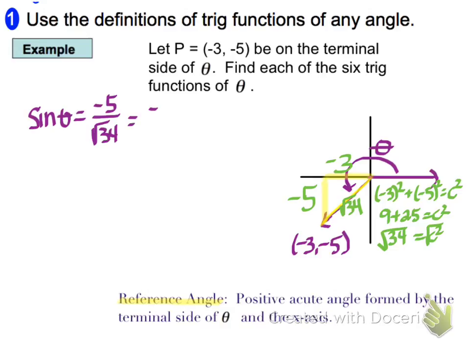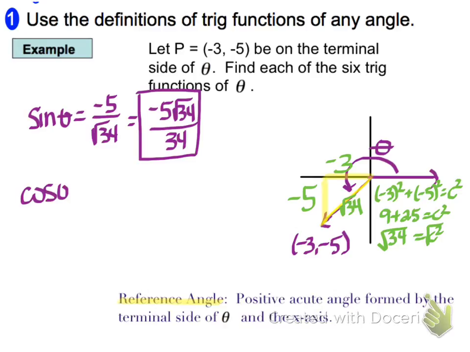Don't forget to rationalize your denominator. So -5 root 34 over 34 would be sine of theta. Continuing on with the same idea, the cosine of theta is going to be the adjacent side, -3, over the hypotenuse, the square root of 34. And once again, we'll rationalize.